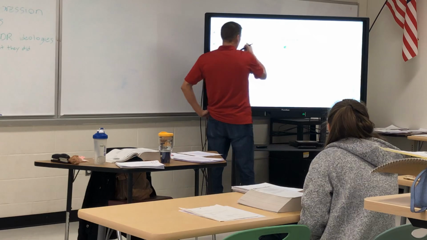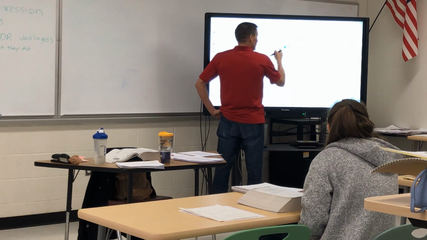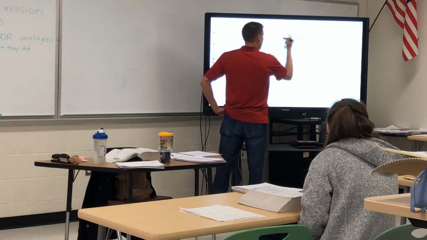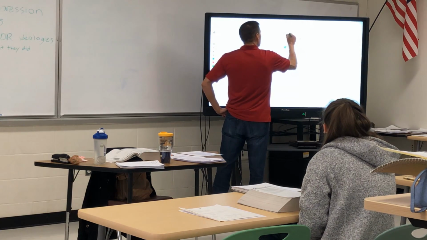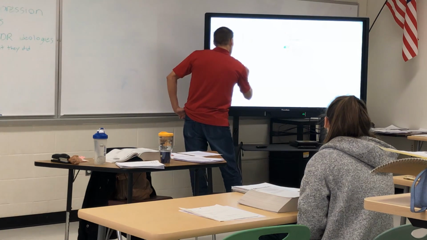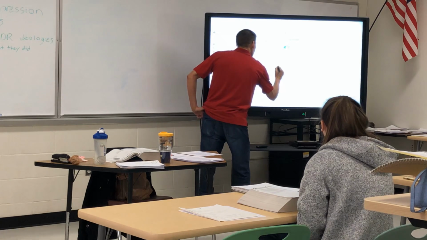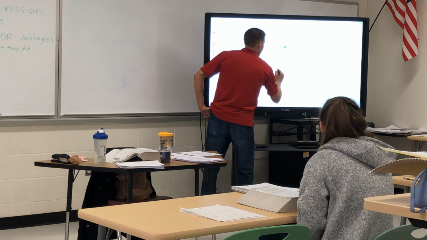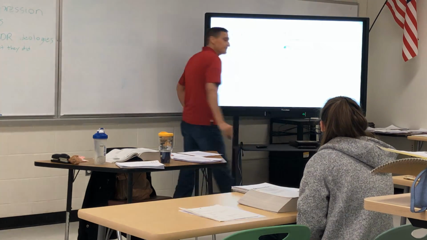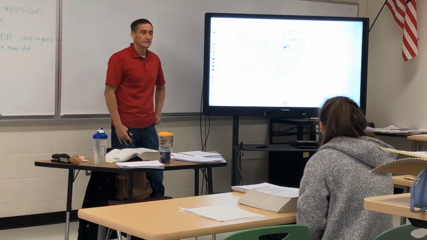What would it be if I subtracted this from both sides? 342. I'm going to substitute that in here, and check: use your calculator, does 513 equal 1.5 times 342? Is that true? Yeah. Next question.